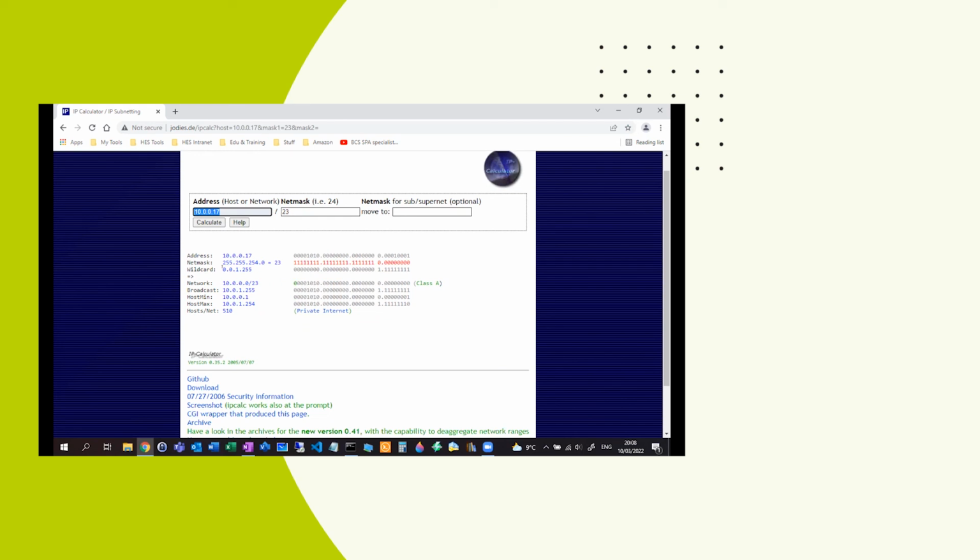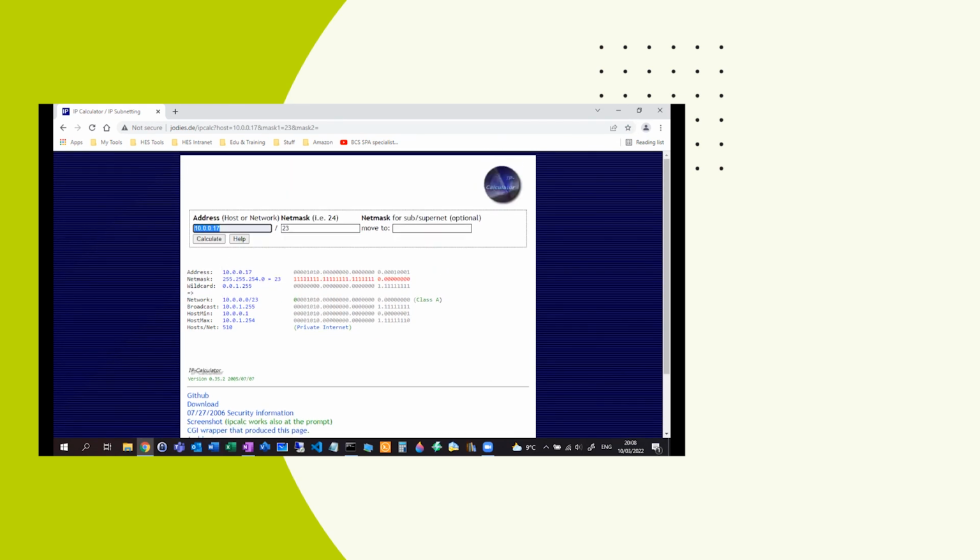You can see here the IP address is 10.0.0.17. The subnet mask is 255.255.254.0. Why? Because I needed 23 bits of binary ones.